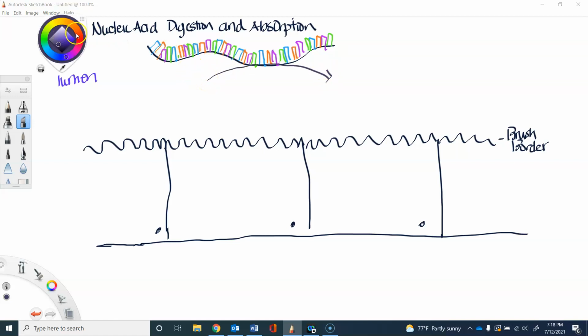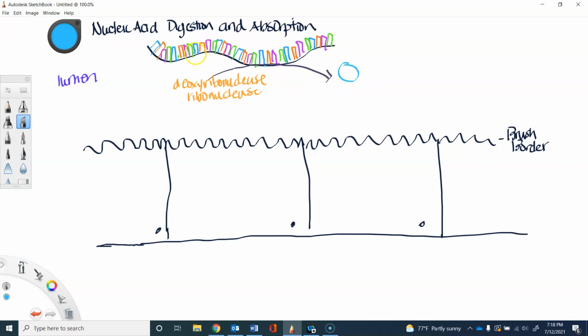So these are going to be deoxyribonuclease and ribonuclease. So these enzymes will break up these DNA and RNA strands into their individual nucleotides.